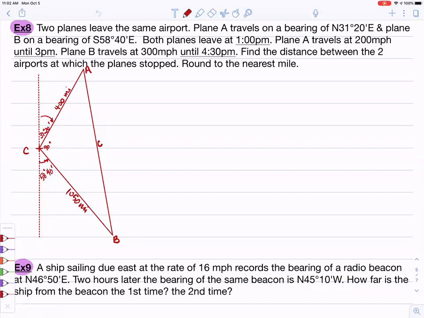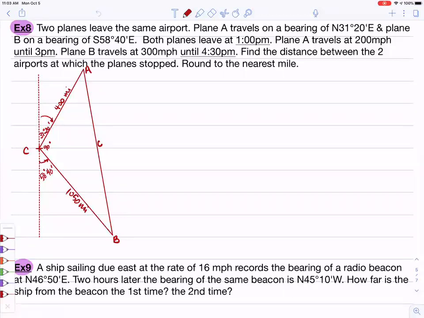The question was, what's the distance between the two airports when the planes stopped? So what was that distance? Remember, this is the math that I asked you to do by class time today. So if you're scrambling to do it right now, it's too late.